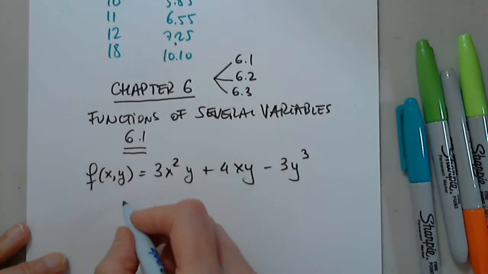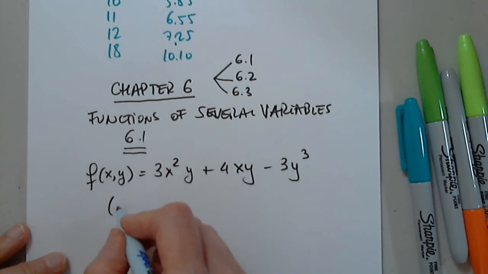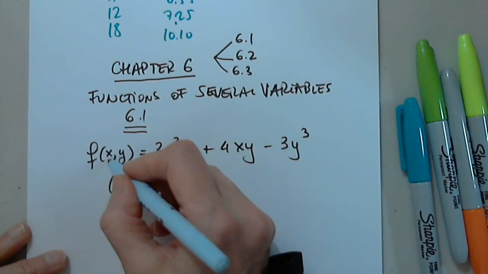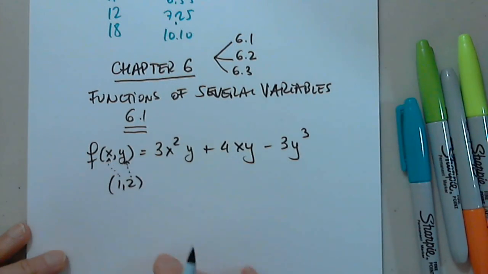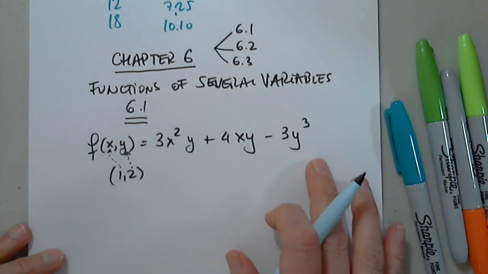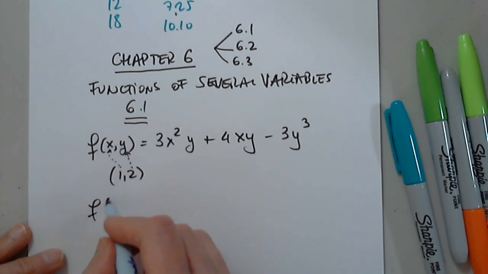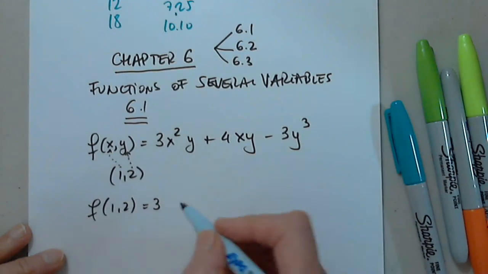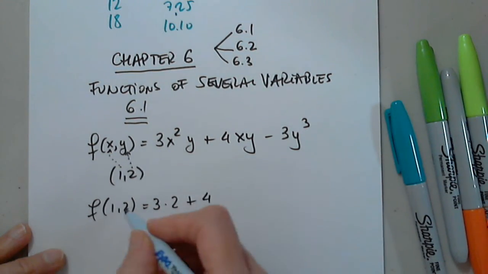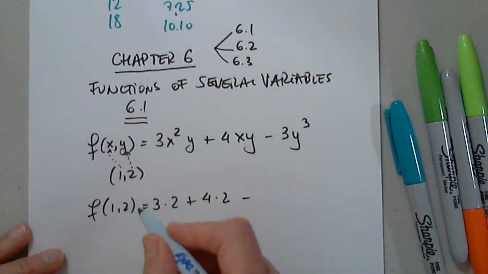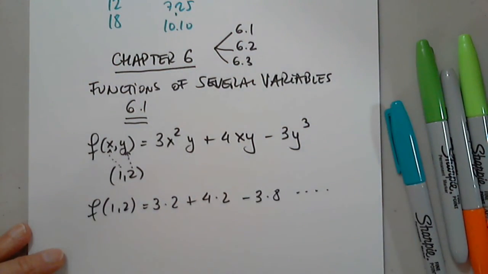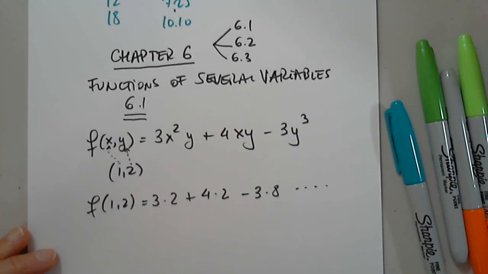If I am told, evaluate this function for 1, 2, I know what I have to do. I only have to replace x by 1 and y by 2 all the way and calculate. So f of 1, 2 will be 3 times 1 squared, which is 1, times 2 plus 4 times 1 times 2 minus 3 times 2 cubed, which is 8, and I perform the calculations, and that's it.